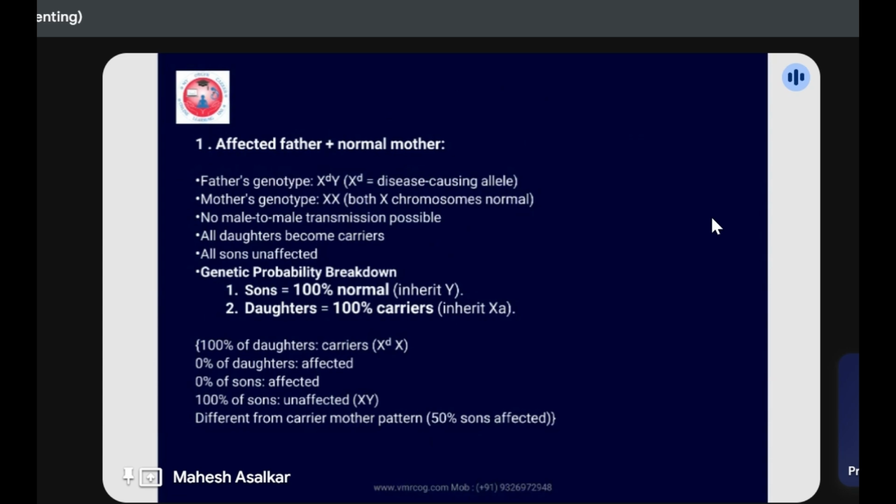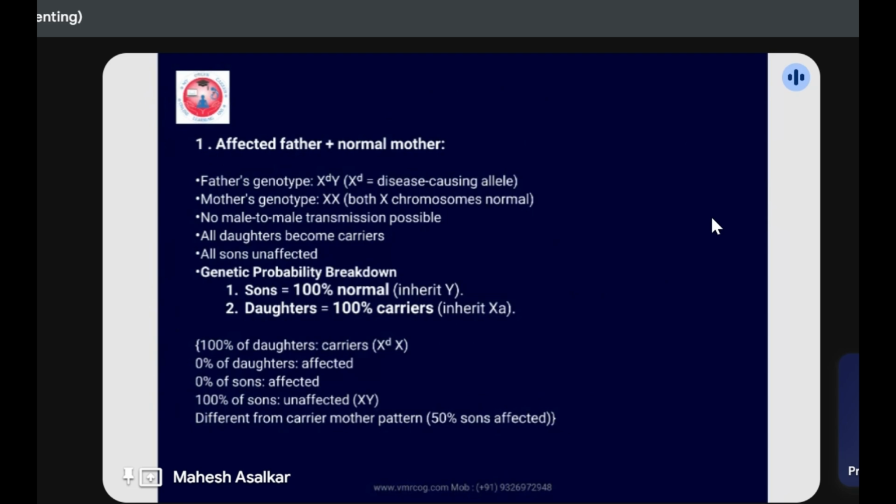But the most suitable option, in which all possibilities are covered, that you have to select. Like 100% daughters will be carriers, affected daughters will be 0%, sons will be 0% affected, and 100% sons will be unaffected. So there is no carrier status in the sons in that particular case.